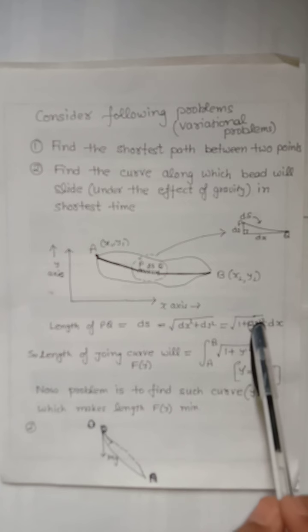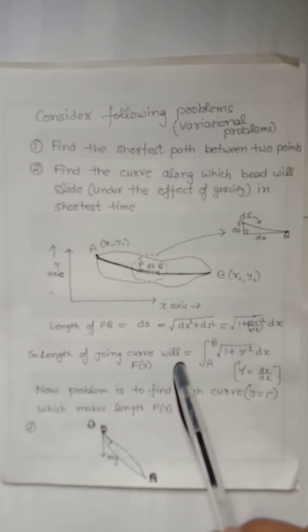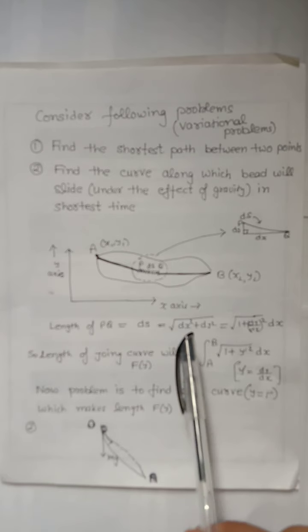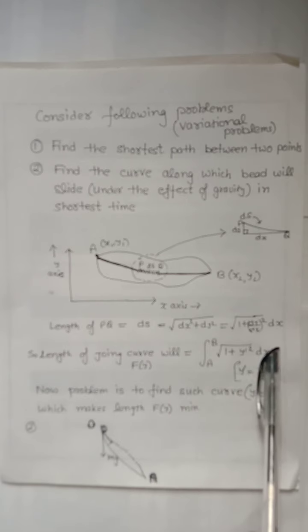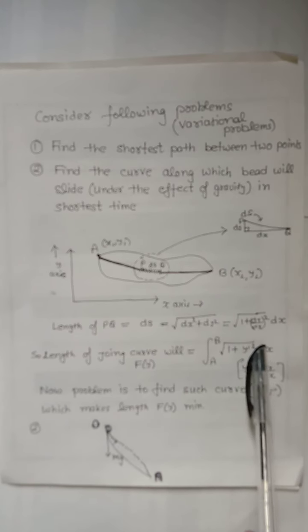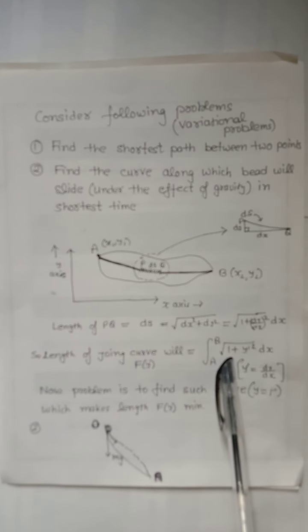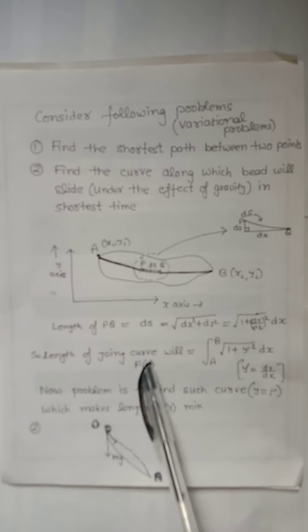Here in place of dy upon dx, I have written y dash. So here this is a function of y, which is a curve, and I have written it F(y).